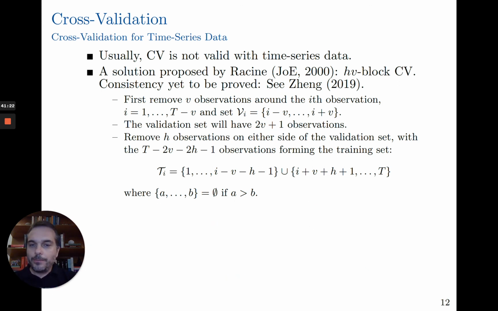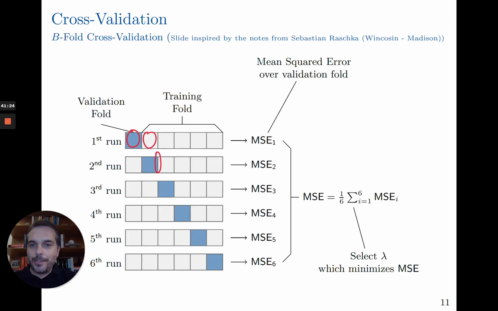So if we go back, here is what we are doing. This is the validation set. Let me draw this in a better way. So it's like here. Take it out here.